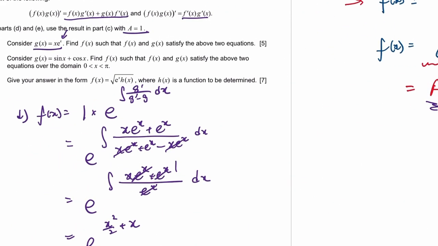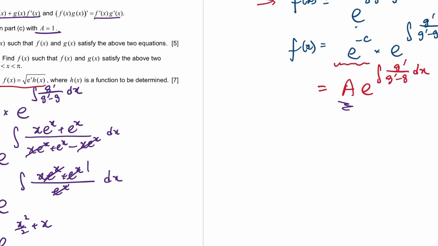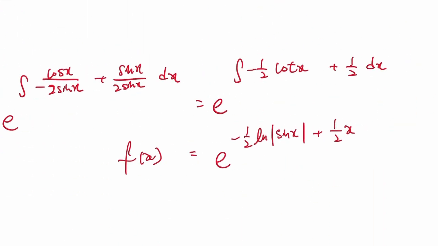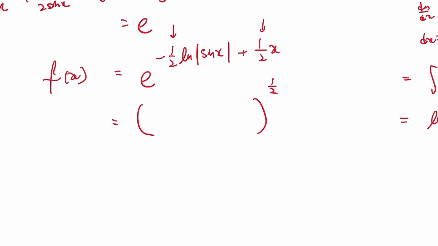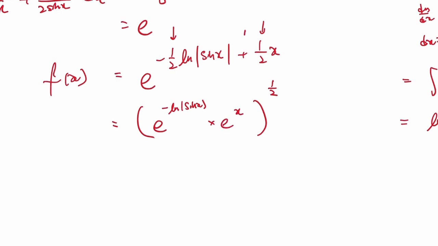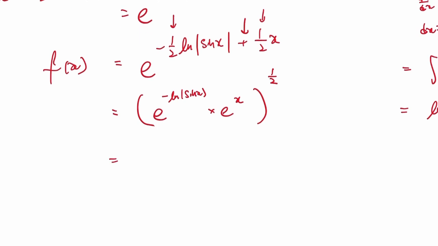They want the answer in the form of e^x times h. So first, I think the square root comes from the half power. So the half power is the square root. Then we have e to the power of -ln sin x times e to the power of x, because if you add in the power, then by the law of indices, it can become times.